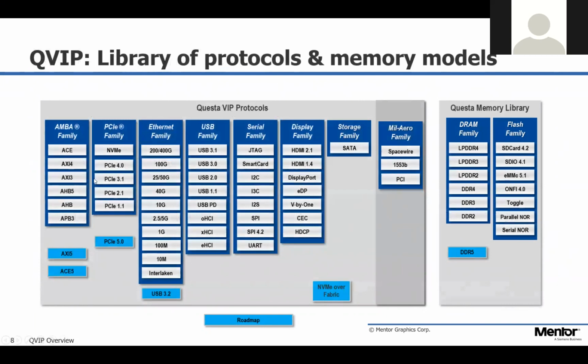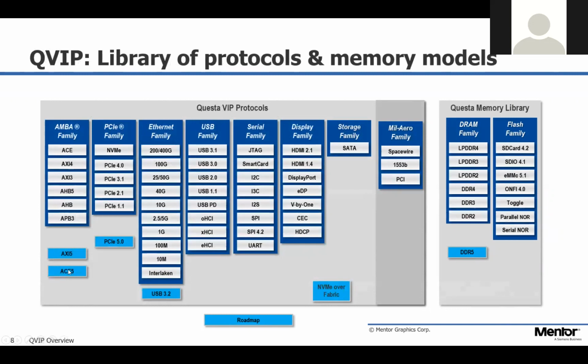we have a few different families, and we sell this verification IP as families. So if you are doing ARM buses, you buy the AMBA family, and you can generate anywhere from simple APB and AHB traffic all the way up through AXI 4.